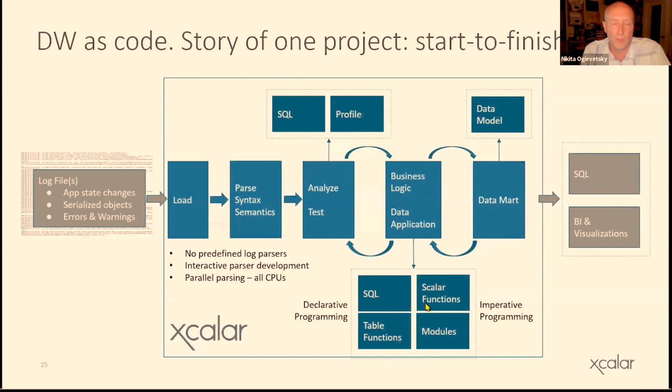And then once I got the first level of business logic and the derived tables built, I do more analysis and more testing, and then the next level of development and so forth until I arrived at the final data mart ready to share with the BI developers.